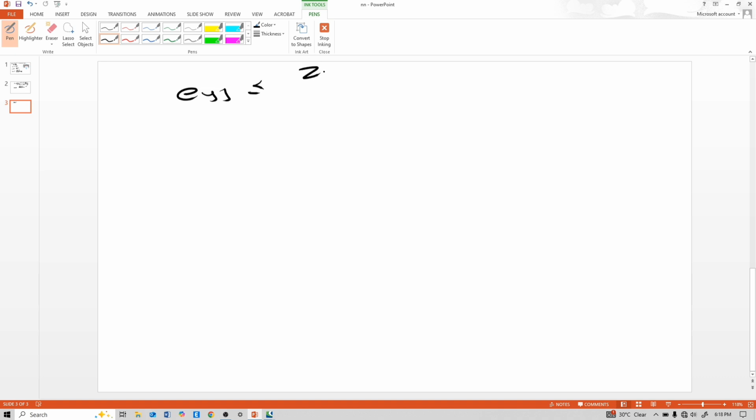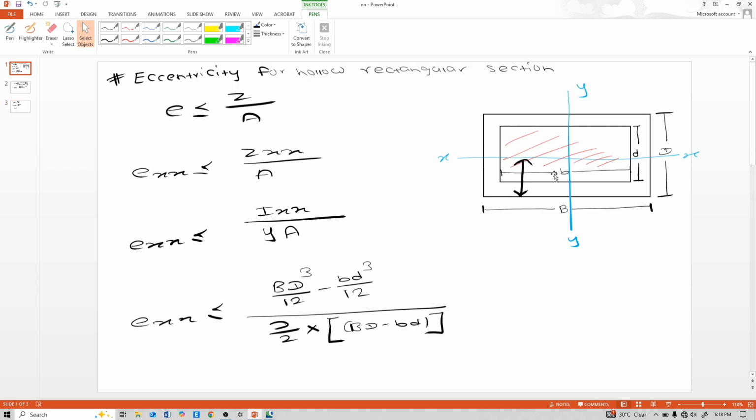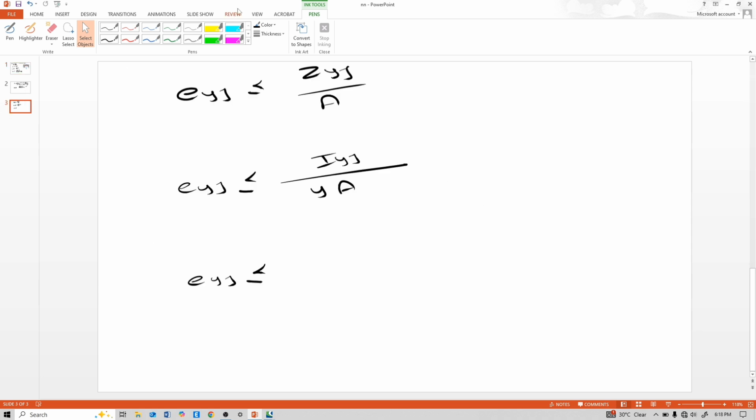And now calculate e for eyy also. eyy should be less than or equal to Zyy divided by area. Zyy is the moment of inertia about the yy axis divided by y, at A. So calculate the moment of inertia about the yy axis. The parallel side is D, so D times B cube by 12 minus small d small b cube by 12.